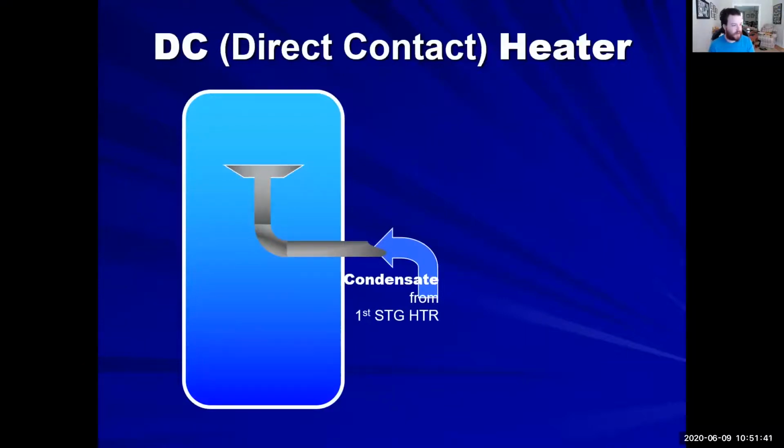So from the first stage heater, we go to the DC heater. We're going from the lowest part of the engine room all the way to the highest part of the engine room. This is a giant tank that looks like a big old soup can. It is as high as possible in the engine room, and we don't do this lightly.